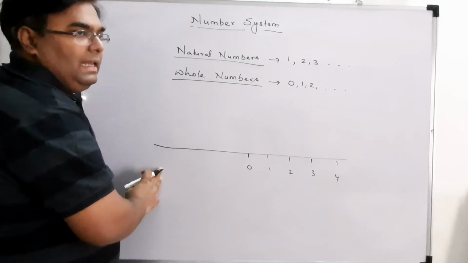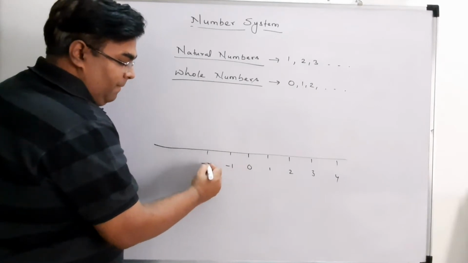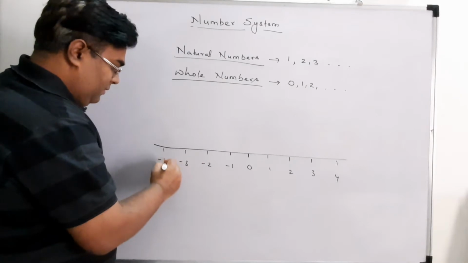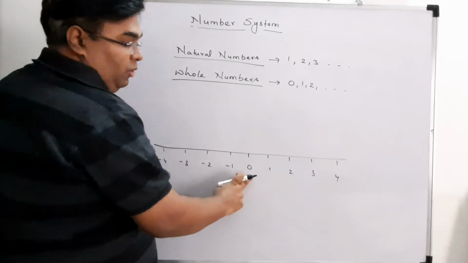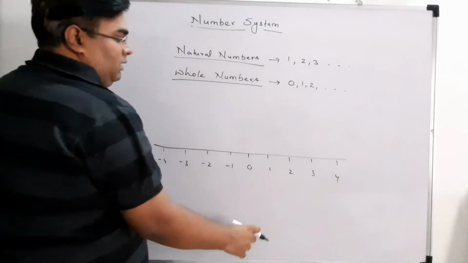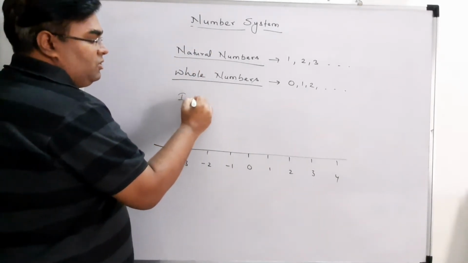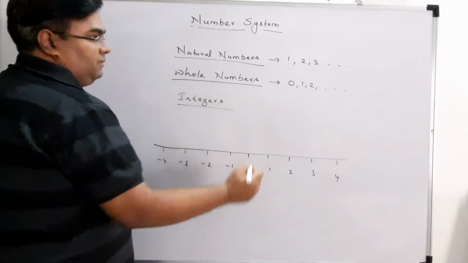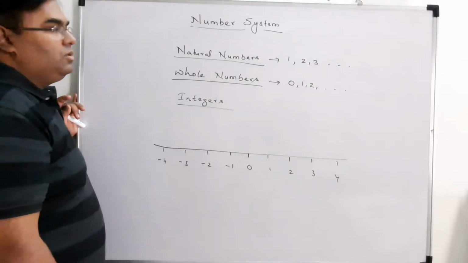We call it negative numbers: -1, -2, -3 and so on. So negative numbers, 0 and positive numbers, these three form our third set, which is known as integers.